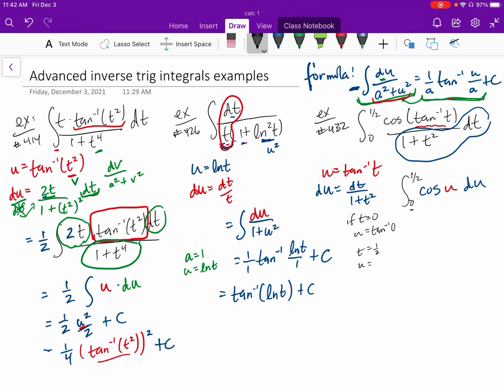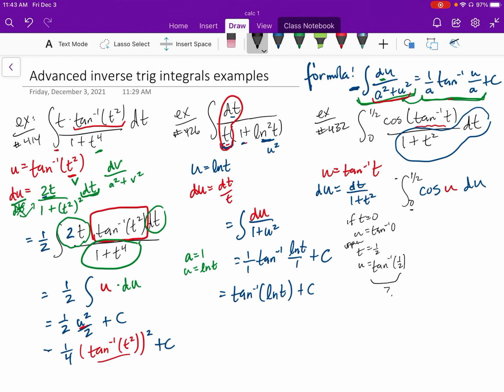That's fine. We could do that. But what is the tan inverse of 1/2 for the upper bound? I don't know. Can't really do anything with that. No matter how you do it, you're going to have to evaluate this in some way. So it doesn't really matter. I guess it's all preference.